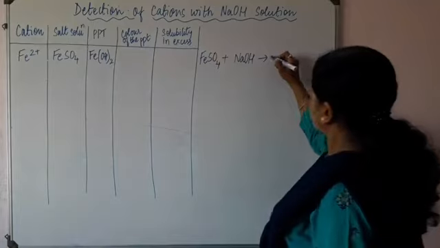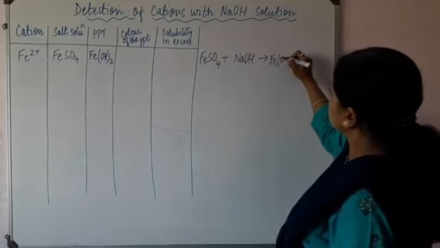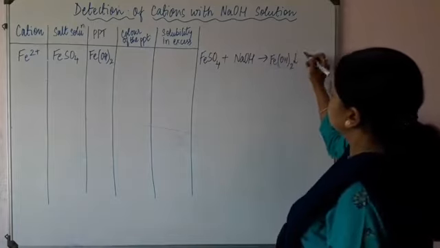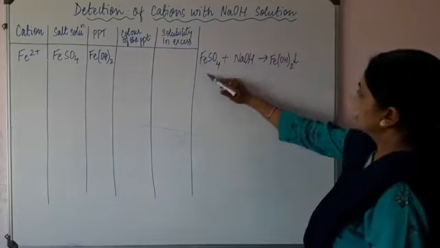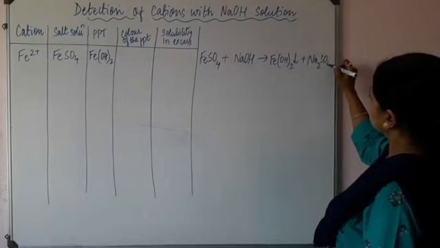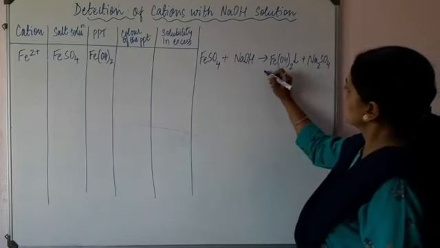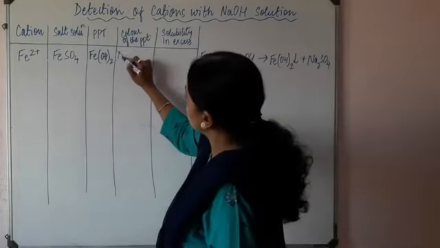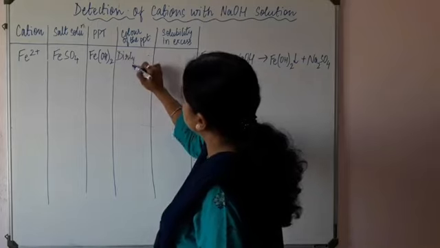And see how the reaction takes place: exchange of radicals takes place, Fe and OH, and the byproduct will be Na2SO4. So here we are getting a dirty green precipitate. The color of the precipitate is dirty green.